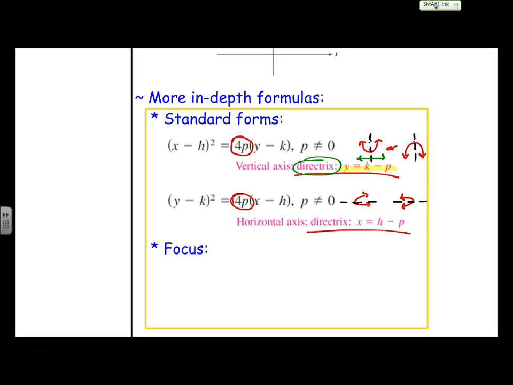If it's concave up, it's going to be below. If it's concave down, it's going to be above. Sometimes understanding the graph can help you know where these are supposed to be. If it's facing right, it's going to be an x equals a vertical line on the left. If it's facing left, it's going to be an x equals line on the right. The directrix is always outside the concavity. The parabola never hits or intersects the directrix.